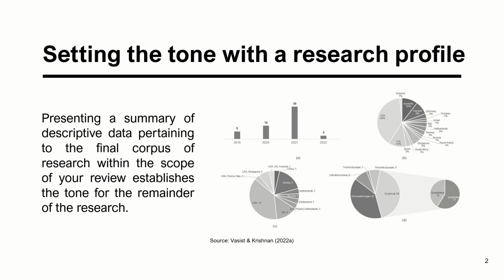All right. So, one of the first things that we will typically do when you start off this process of discussing what has been captured in the literature so far is to present a summary of descriptive data, which primarily says how many articles were published during several years, where these authors were from, what countries were in focus, were there any empirical papers, conceptual papers, theoretical papers, discussion papers that were included within your literary corpus.